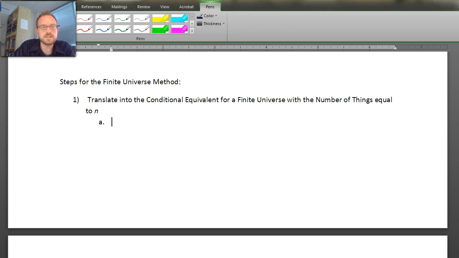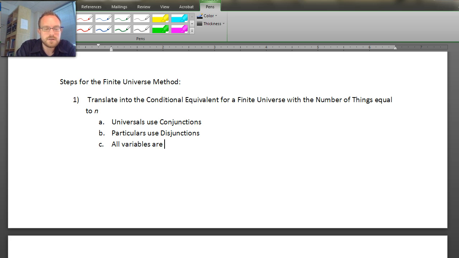And of course, the thing to remember here is that universals use conjunction, and particulars use disjunctions, and all variables are given existential names equal to the number of n. Okay, that's the first thing you have to do.